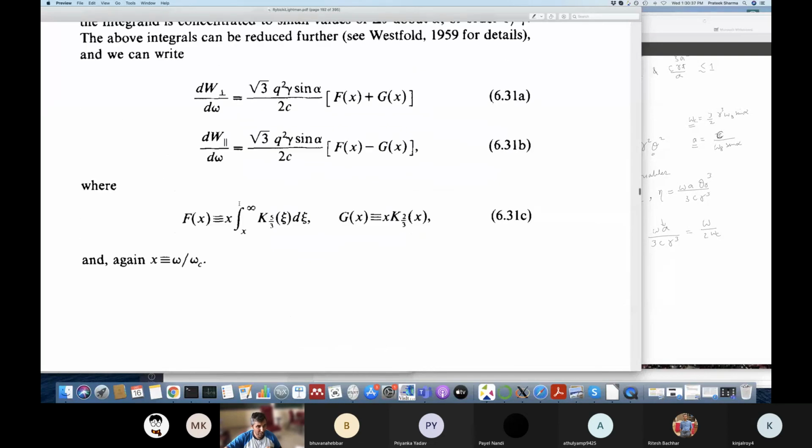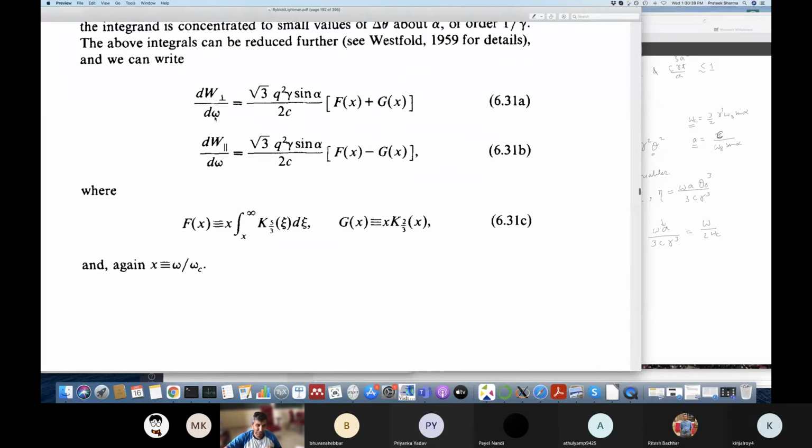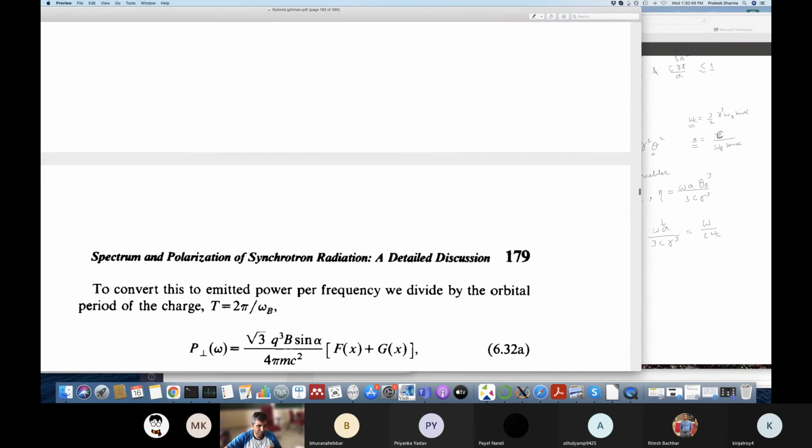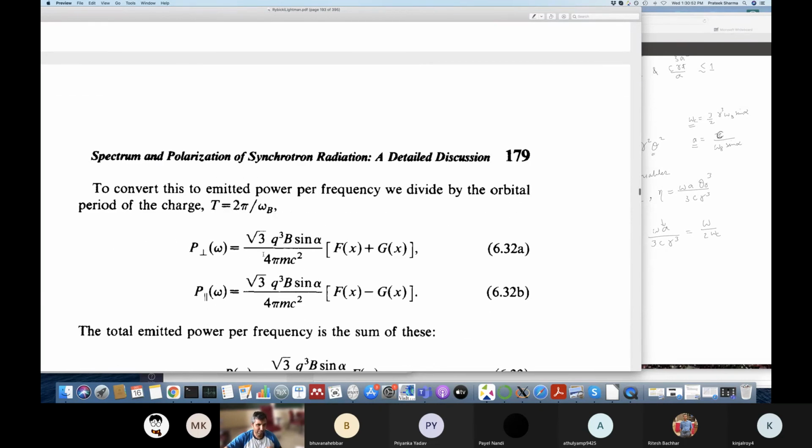So this was just energy per unit frequency, but we are interested in power, so you have to divide it by the time period. And that 1 by time period is nothing but omega_B by 2 pi. If you do that, you get this expression. Now this is the expression where omega does not appear anywhere except in x, and x was omega by omega_c.